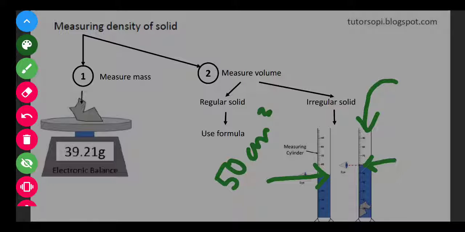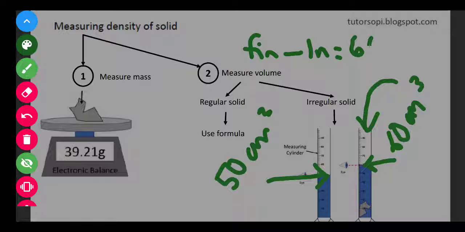For example, katakanlah sekarang adalah 60 cm cubic. So to get the volume of irregular solid, kita akan buat final tolak dengan initial. So dalam kes ni 60 minus 50. So kita akan dapat 10 cm cubic. So this is the volume of irregular solid.